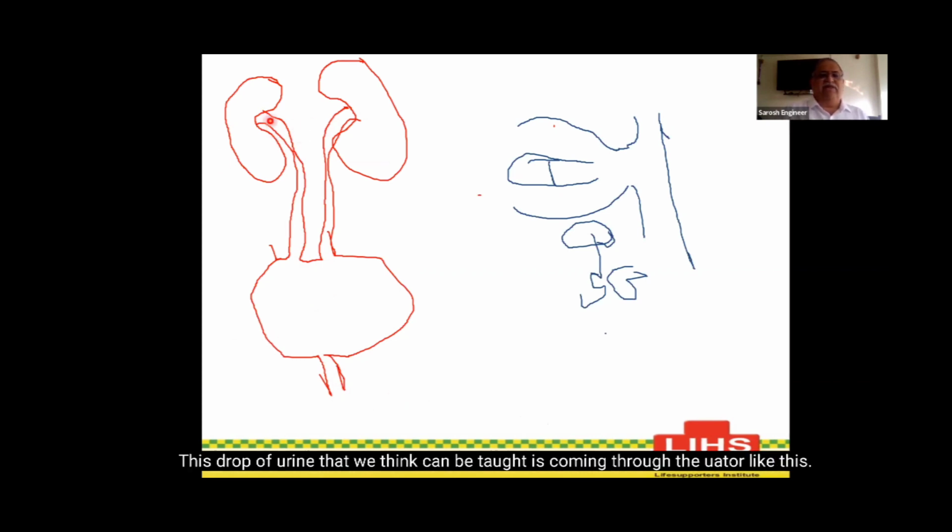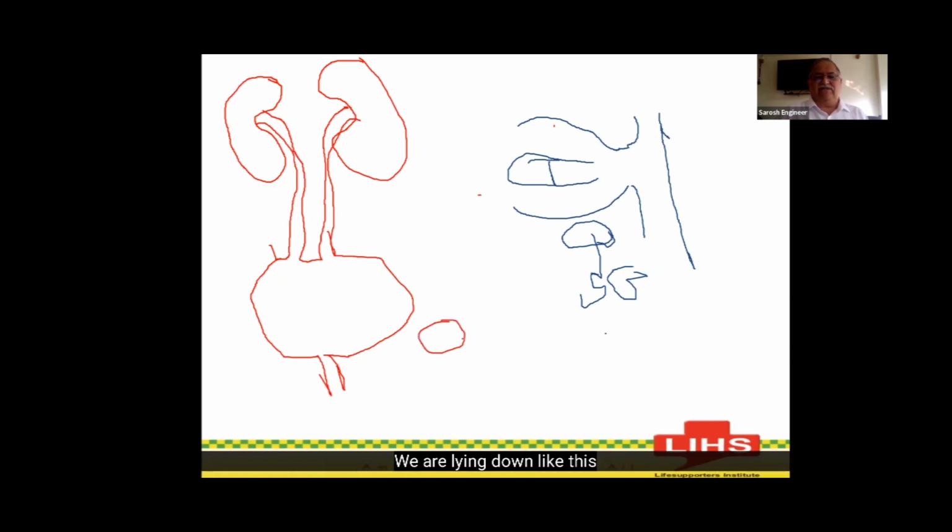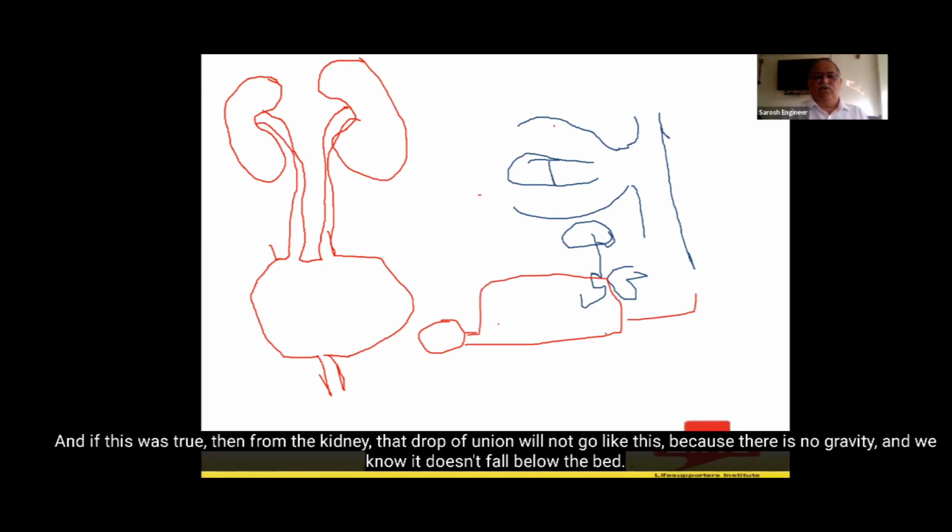This drop of urine that we think and we talk is coming through the ureter like this. It is not coming. Please remember, it is not coming because what happens is in the night we are lying down like this, right? This is the body and we are lying down like this. And if this was true, then from the kidney, the drop of urine will not go like this because there is no gravity.